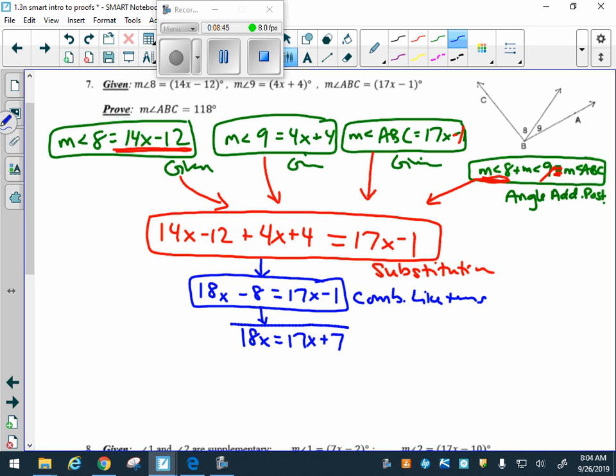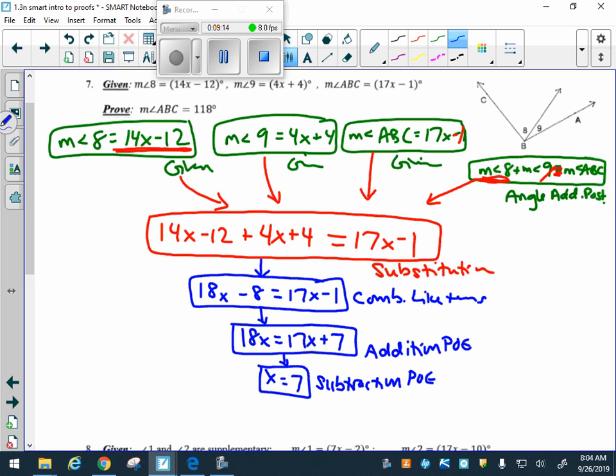What did I do to both sides? Added 8. So I'm going to say addition property of equality. Then I'm going to make this x equals 7. What did I do to both sides? Subtraction. Good.